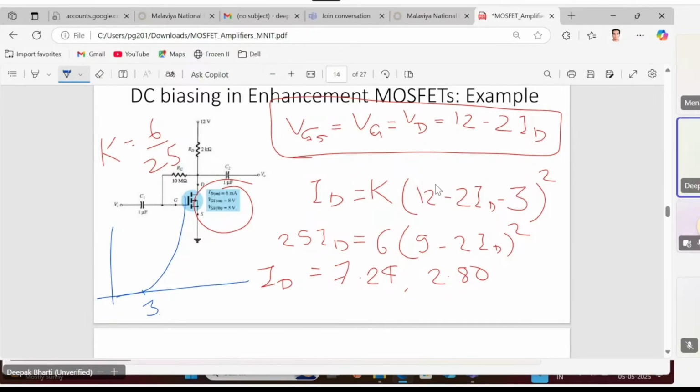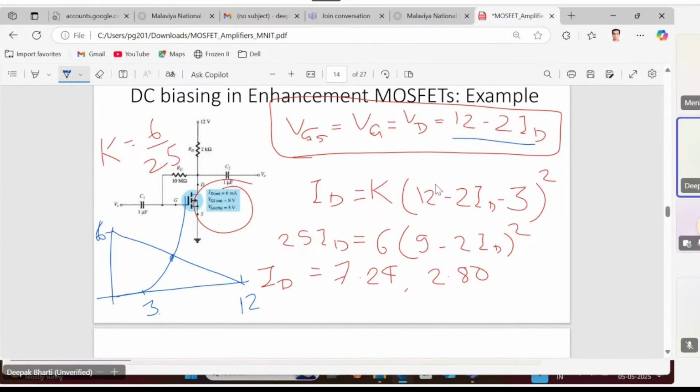That is 12 minus 2 ID. So what are the 2 points on the x and the y axis respectively? On the x axis it is 12, and on the ID axis it will be 6. So this will be the equation of the load line, and the intersection occurs here.